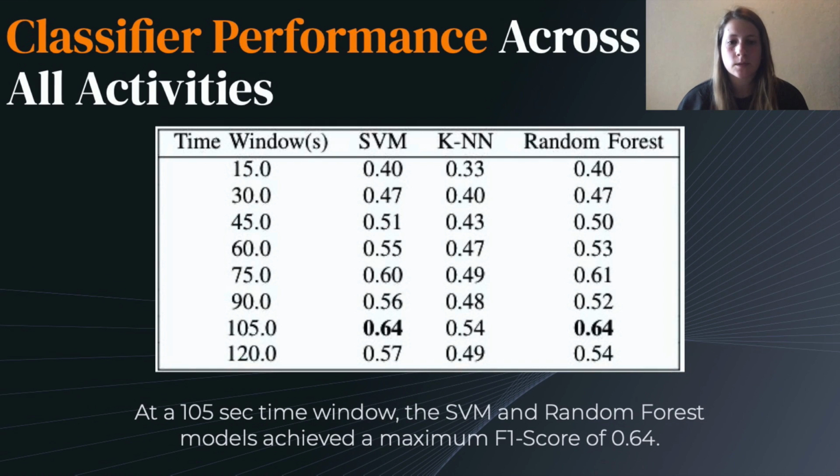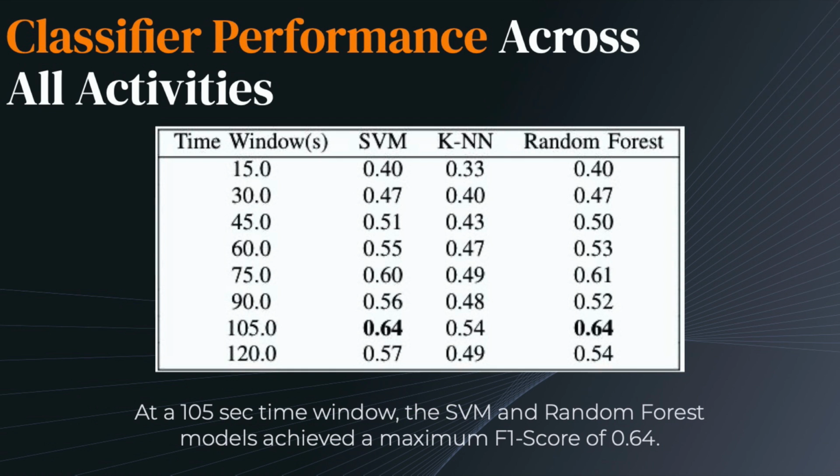So we found that the support vector model and the random forest models achieved a maximum F1 score of 0.64 at a time window of 105 seconds. This generally means that when looking at 105-second samples, we were able to identify the activity correctly 64% of the time.